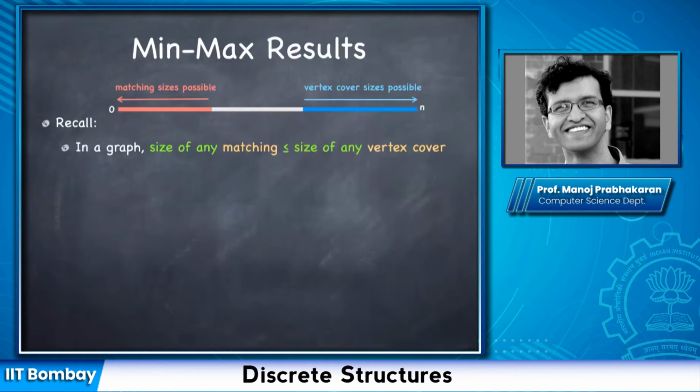So this was a pictorial illustration of that. This was a simple observation that a vertex cover will have to devote a vertex to cover each edge in a matching. The same vertex cannot be used to cover two edges in a matching.